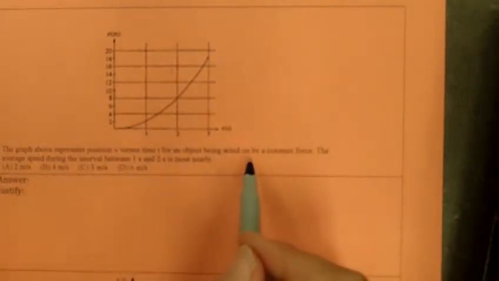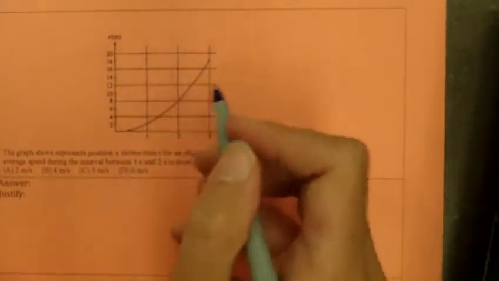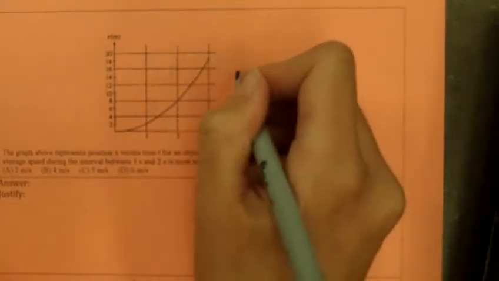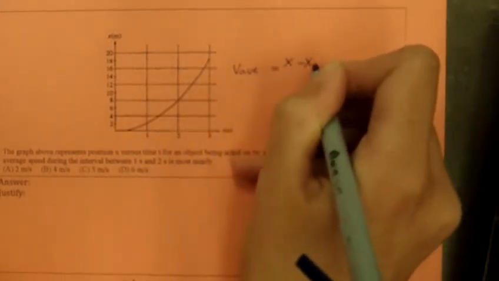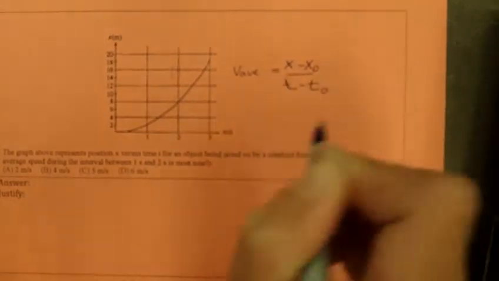Okay, on the other side, we have a graph which represents the position x versus t for an object being acted on by a constant force. The average speed during the interval is most nearly, and so to find average speed, remember v average is equal to x minus x naught over t minus t naught.